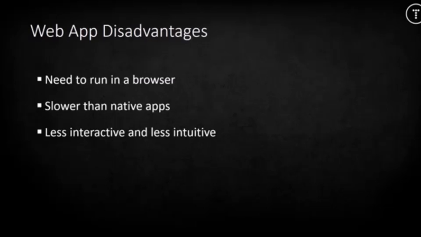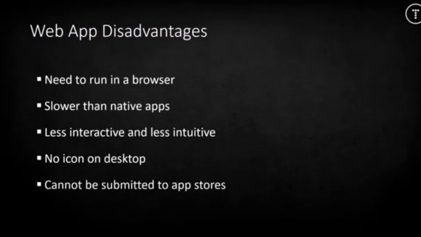All right, web apps are less interactive and less intuitive. Buttons don't have the same type of interacting effect as a native app does. Like I said, you need to run the app in the browser, so you don't have an icon on your mobile desktop as you would if you downloaded it from the App Store, which also doesn't give a very good user experience.